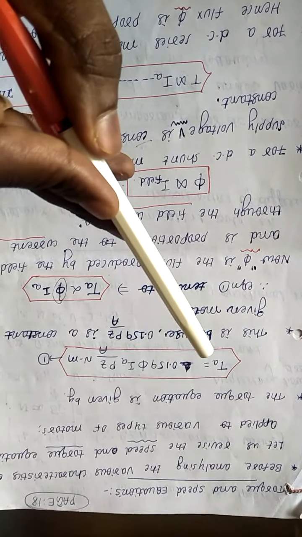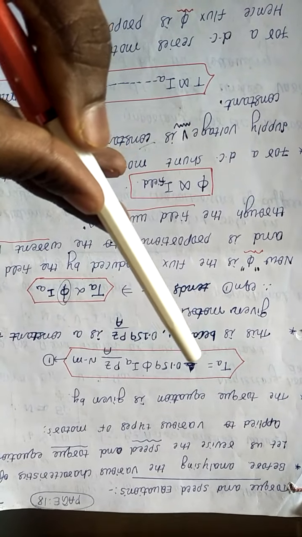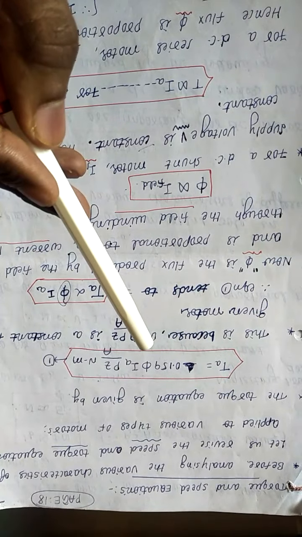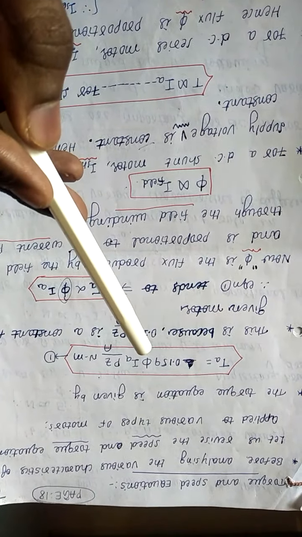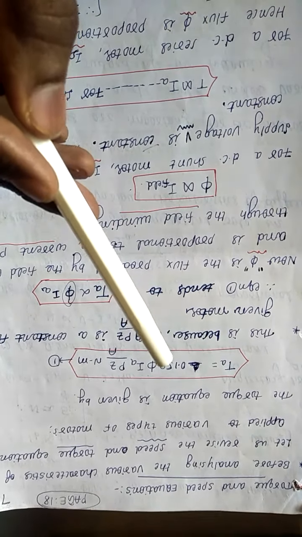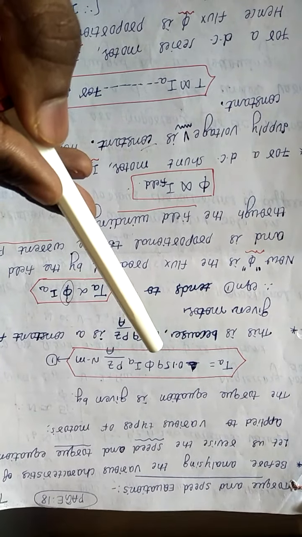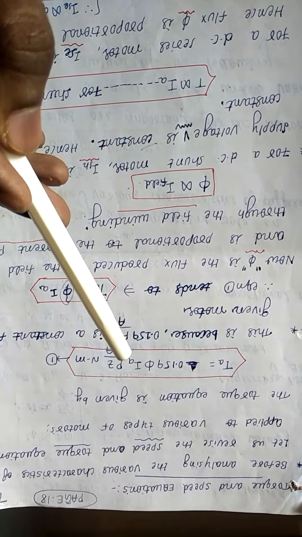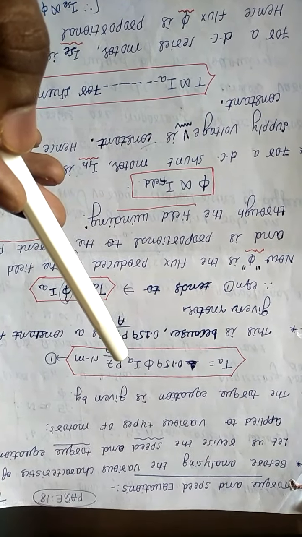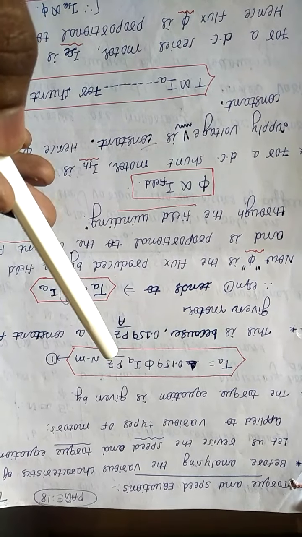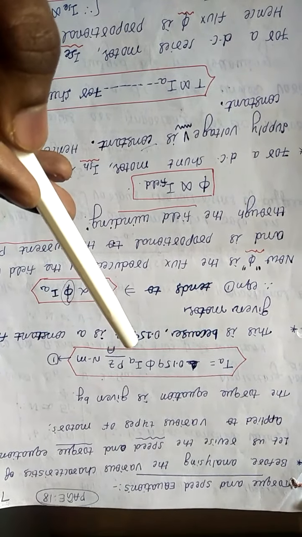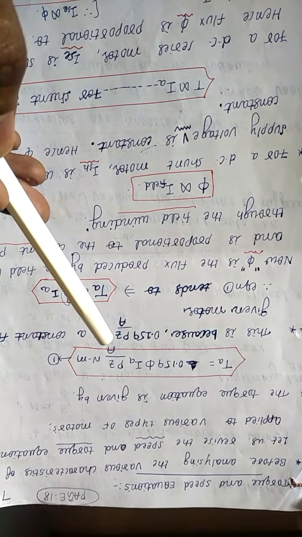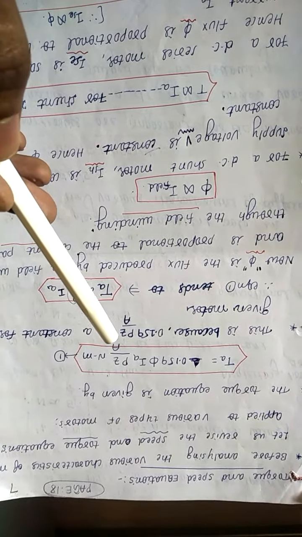Right? Armature torque equation: TA is equal to 0.159 φ Ia P Z by A. Here φ is the flux produced when current is passing through the field winding, Ia is the armature current, P is the number of poles, Z is the number of conductors, and A is the number of parallel paths in a DC motor.